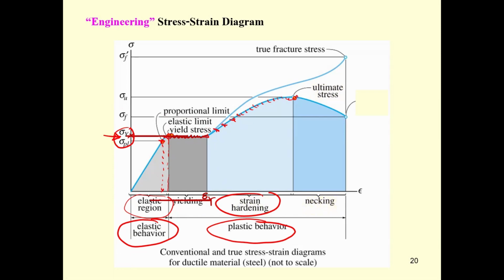The stress does not actually decrease, but we calculate stress by sigma equals P over A0, and during necking the area is A, where A is less than A0. But you still use A0 to divide. That's also the reason why the curve gets a negative slope during necking: not only the reduction of the cross section, but the calculation also.